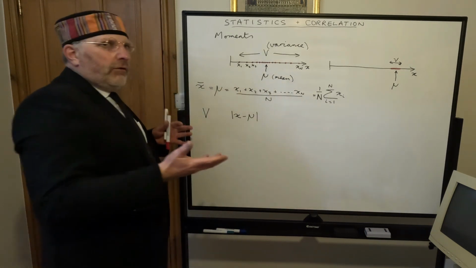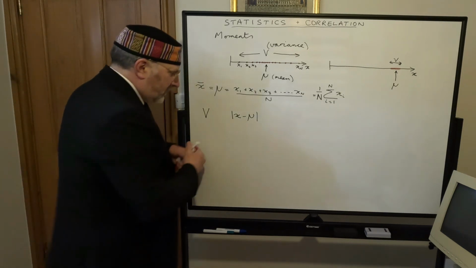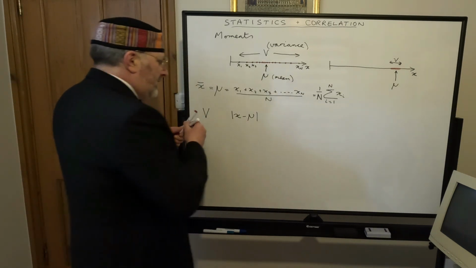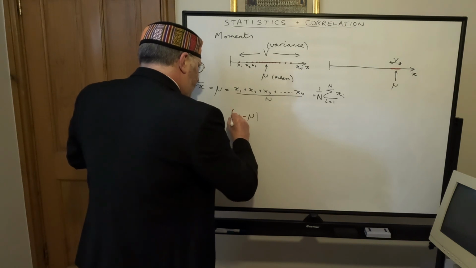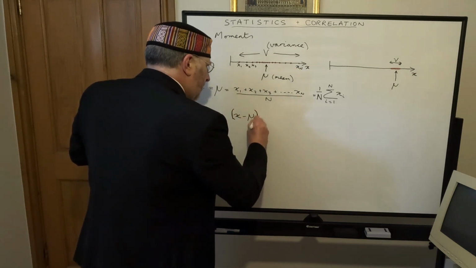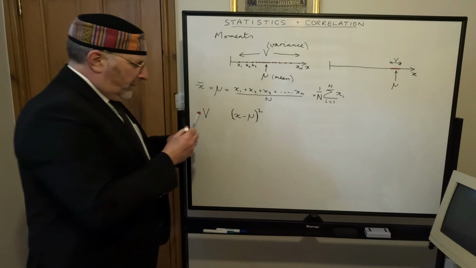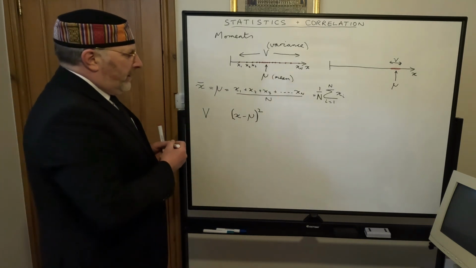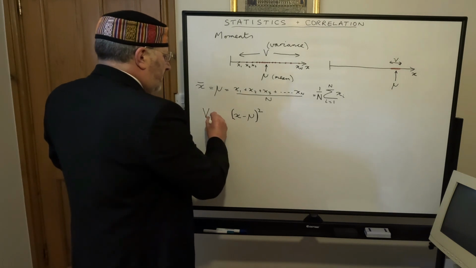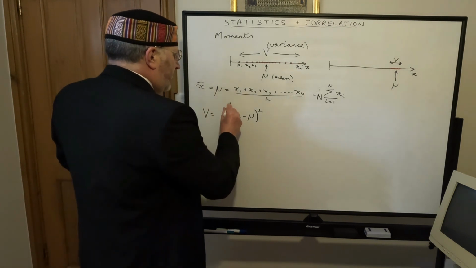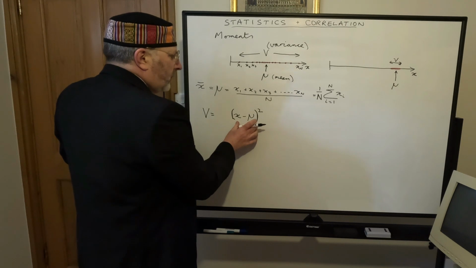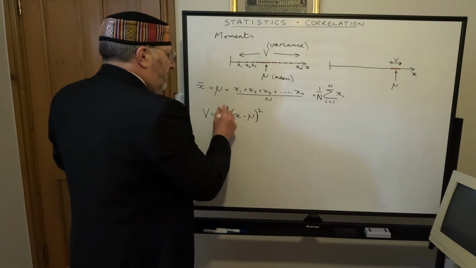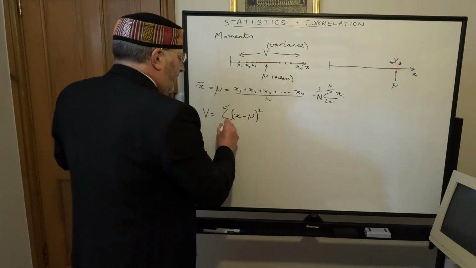But it's difficult to work with the absolute value mathematically. So what we do is we just square that, and the square is always positive. And then we just find the average of the square of the distance from the mean. So we're just going to add up all those.